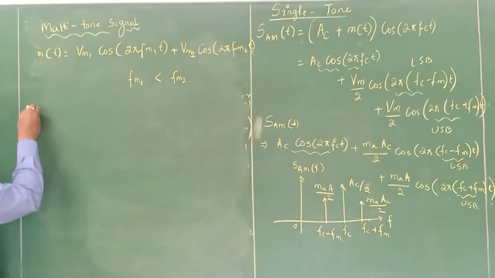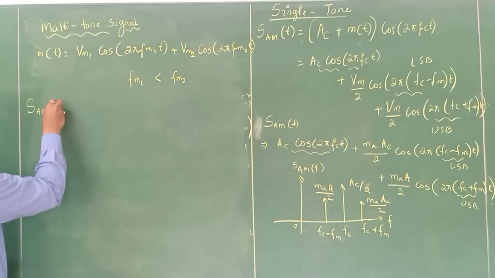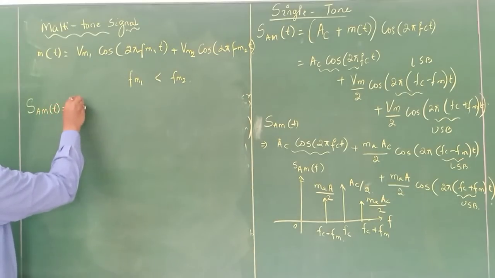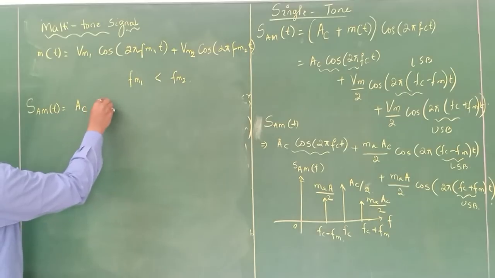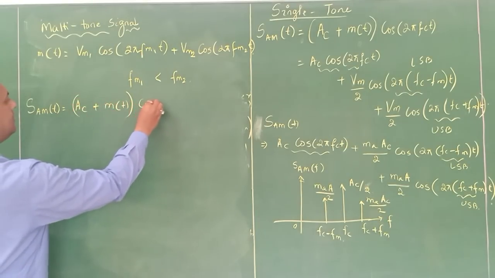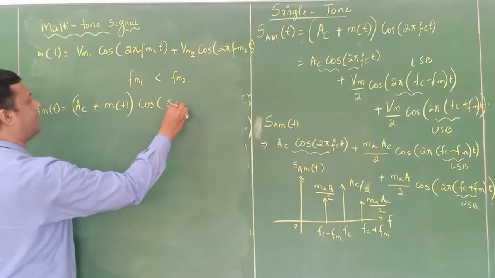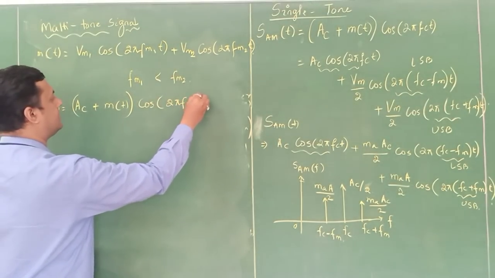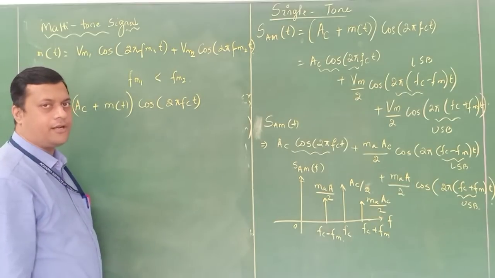So how are we going to write it? Let's see. S_AM of t equals Ac plus m of t, whole, into cos of 2 pi Fc t. So this is the general equation for an AM.